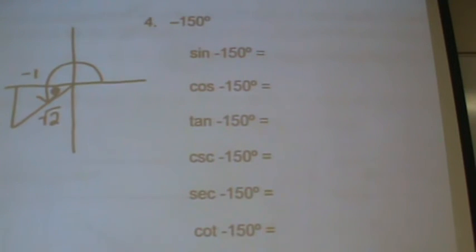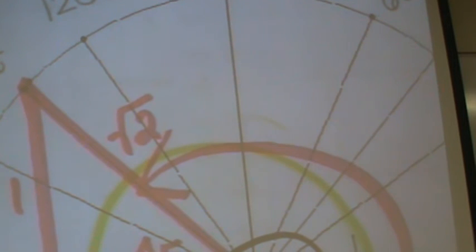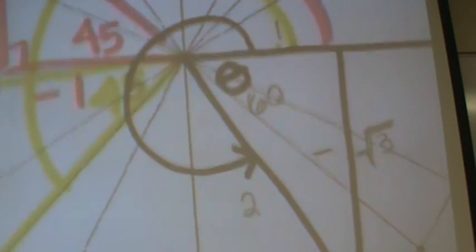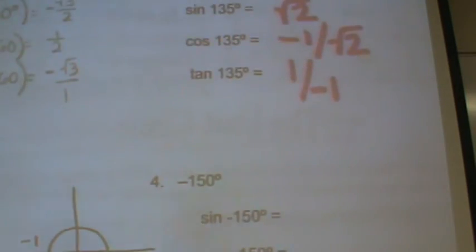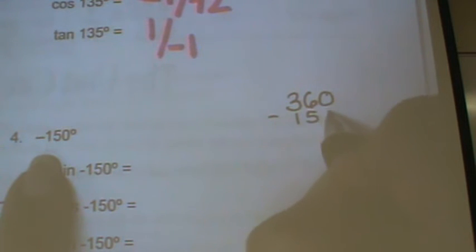Okay, how about this -150 degree? Where is -150 degrees? Well, if you don't know where -150 degrees is, what you could do is make it coterminal. If you don't like to go backwards, add 360 to that, and you get 210.